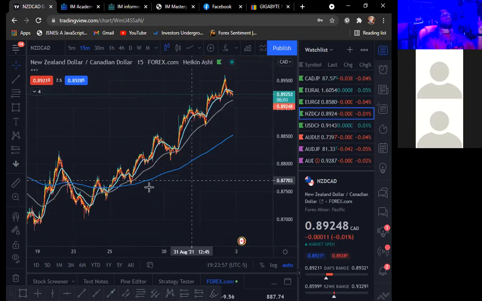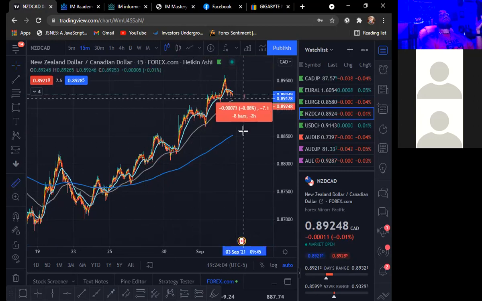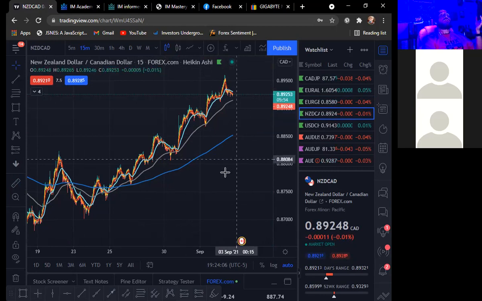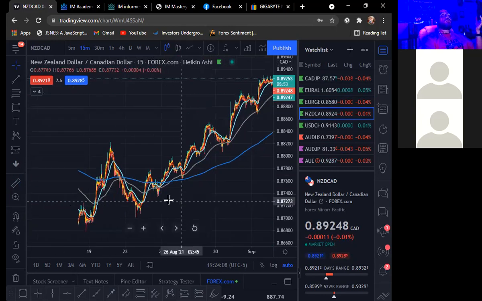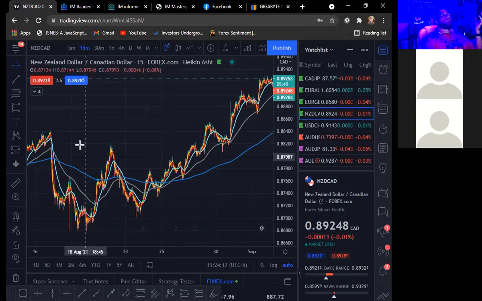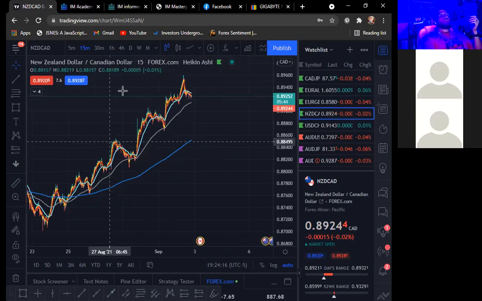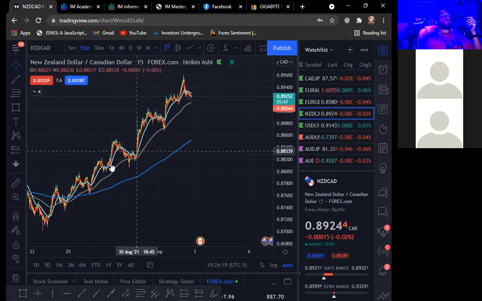So this, the 15-minute, this could be promising. Let's see how far out this is. 72 pips. We've been moving away from the 800 since the 24th. So yeah, this is definitely something worth watching.